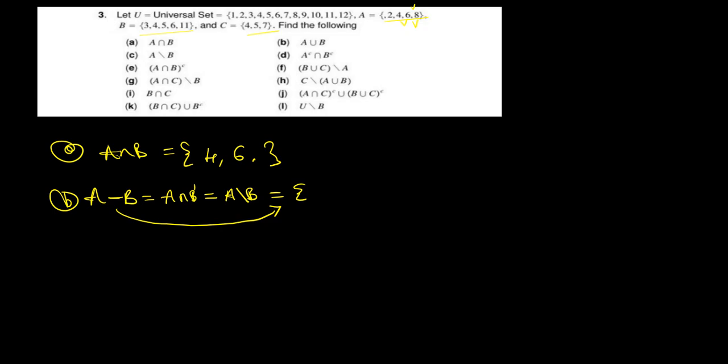Things that are found in B, I can see 3. So from A we have 2 there. Let's put those elements.